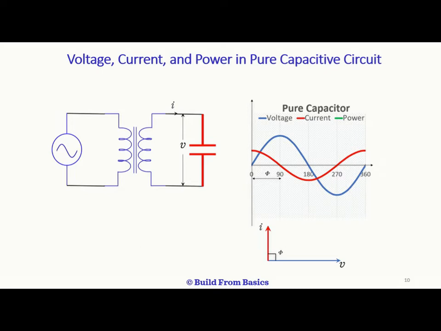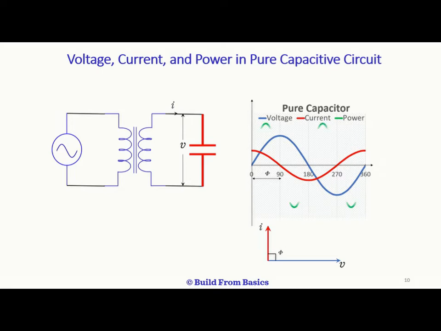The result is that in a pure capacitive circuit, the current always leads the voltage by 90 degrees. If the capacitor is not pure, then the angle is a little lesser. But in a pure capacitive circuit, the angle is always 90 degrees.